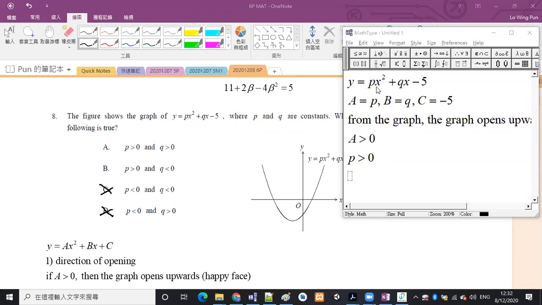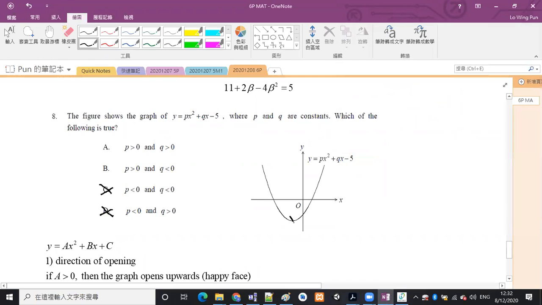Formula A is P. And then the graph opens upwards, which means that A should be larger than 0 because it is a happy face, right? Okay, so our A, I mean the A in our equation is small letter p, so p should be larger than 0. Get it? Okay, good. And then we need to consider the vertex.